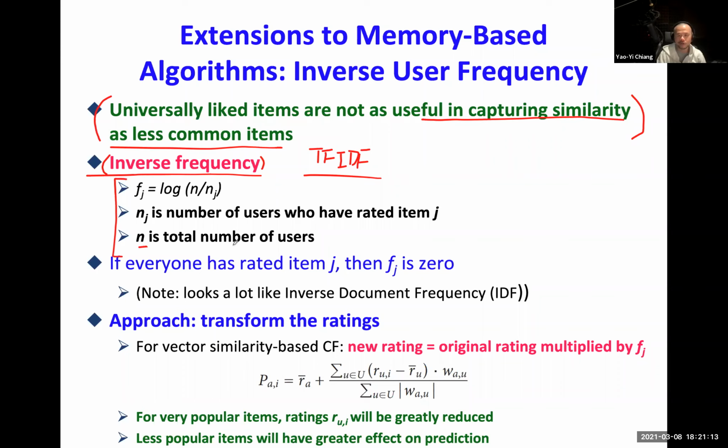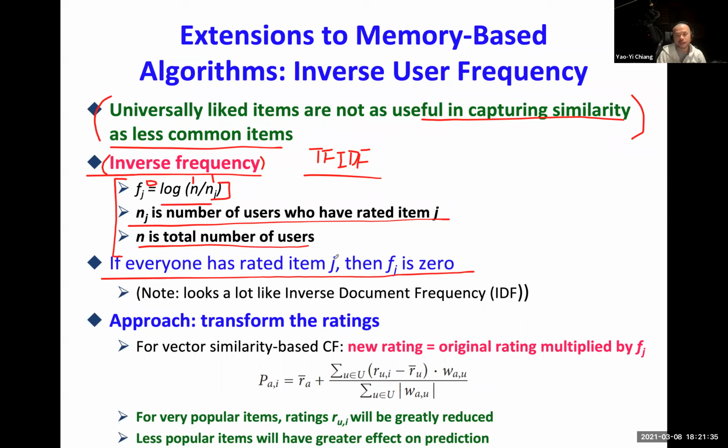You have the total number of users. You have the number of users who have rated item J. This is the inverse frequency for item J. And you can see that if everyone has rated item J, this Fj becomes 0, right? So you have 1 and log 1 is what? 0.